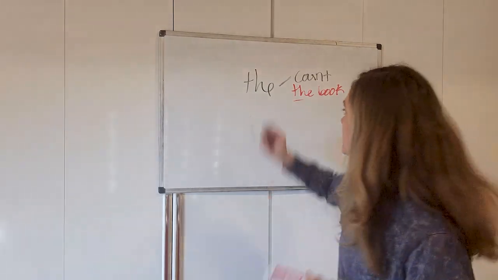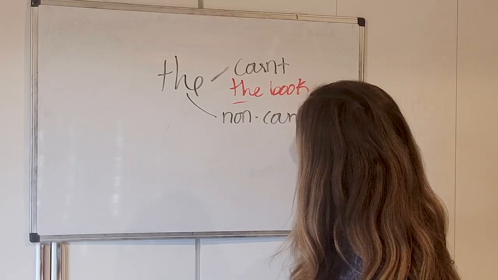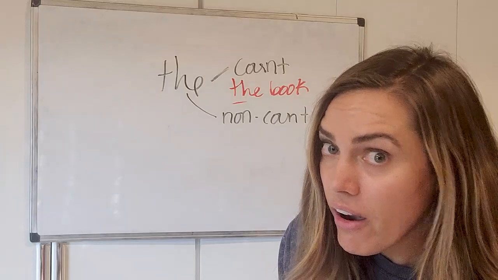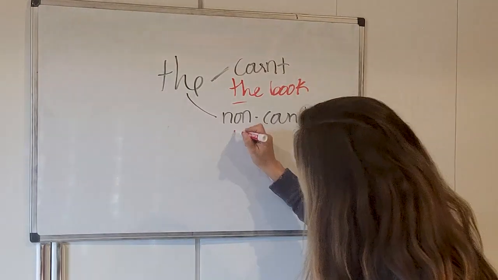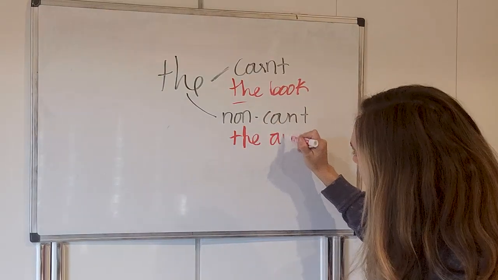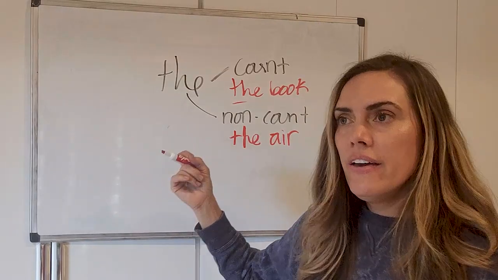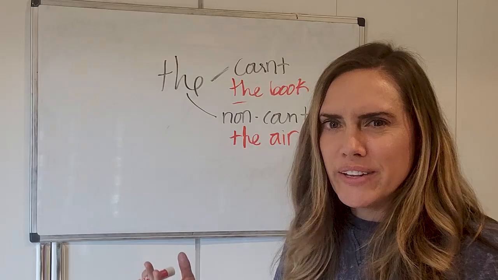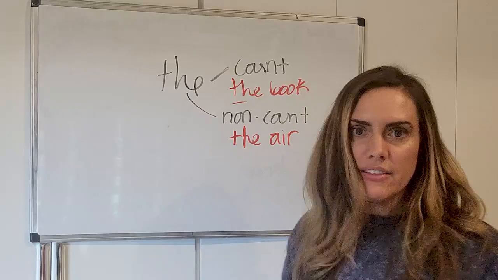You can use it with a non-count noun, like the air. The air. Air is not countable, okay? The air is nice today. Not really. I'm in LA. It's not nice. The air. The. Okay?